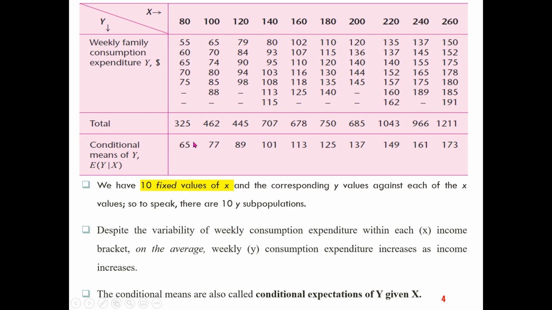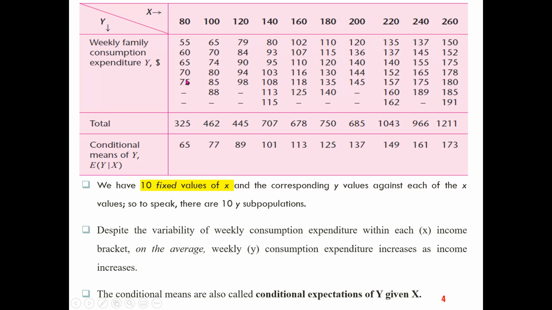In other words, I am saying that on average, let me emphasize the term average once again, if a family is earning $80, then on average it is consuming $65. Similarly, for a family earning $100, generally or on average they are consuming $77.